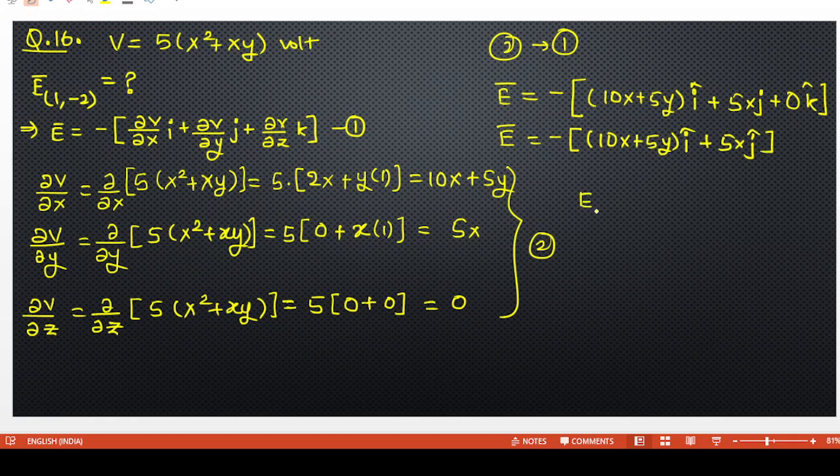Now if at all you want electric field at particular point 1 comma minus 2, then you will have minus in the bracket, put x equal to 1, y equal to minus 2.